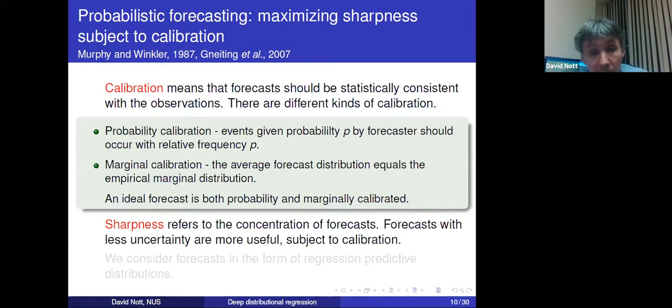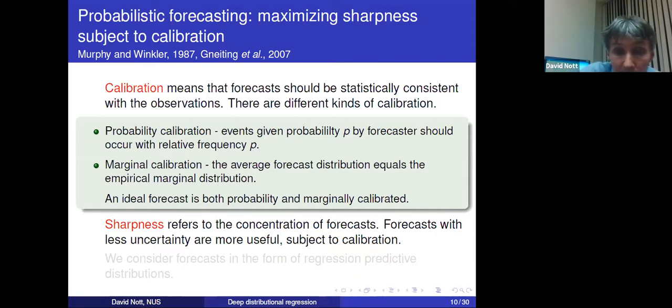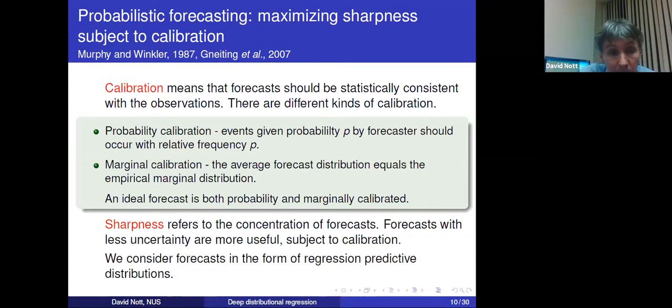Now, calibration isn't enough to have a good probabilistic forecast. You can have calibrated forecasts that are terrible. In general, forecasts with less uncertainty are more useful, but they have to be calibrated to reality.